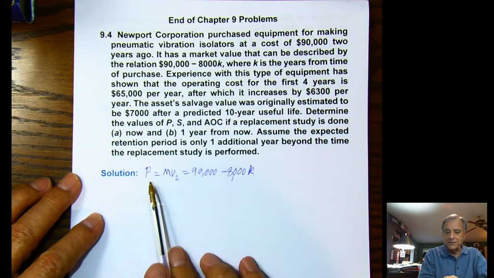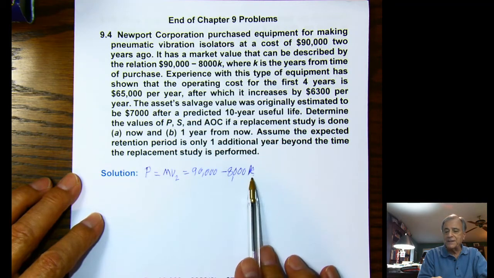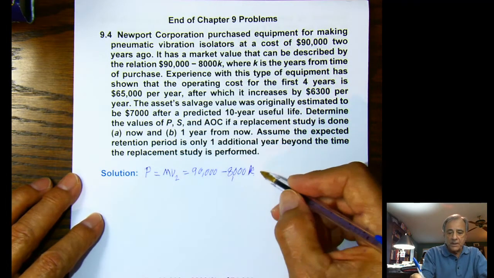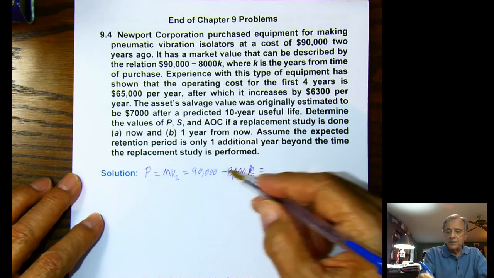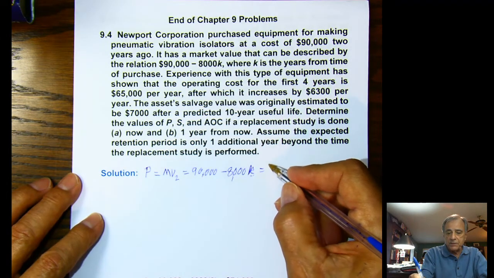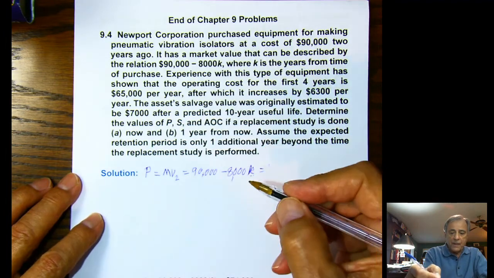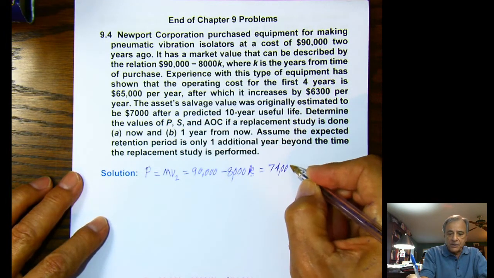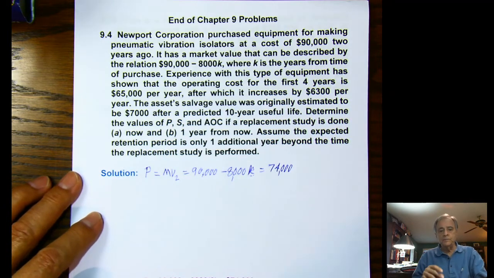Time is now 0, but K is already 2 because we bought that machine 2 years ago. Of course that's 16,000 from 90,000, which will leave us with 74,000 as its current market value.